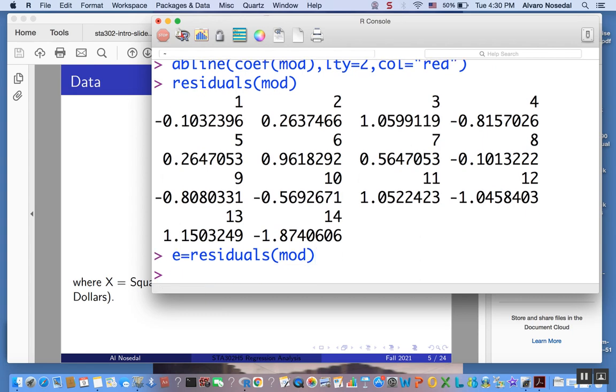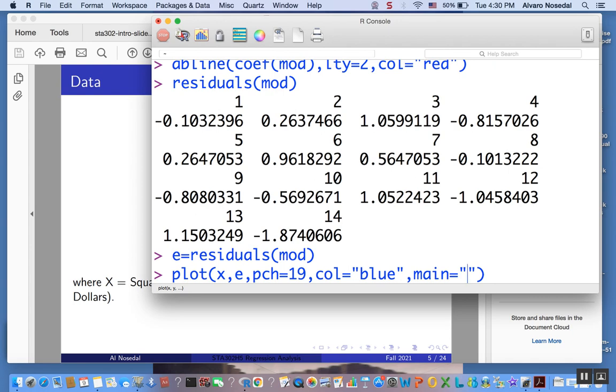So now, as we said, if we're going to be using residuals to assess linearity, one of the assumptions, what you do is on the horizontal you graph your predictor variable, on the vertical your residuals, and as usual let me use solid circles. I like solid circles. I like the color blue. And if you want to add a main title, you could do so with the function main.